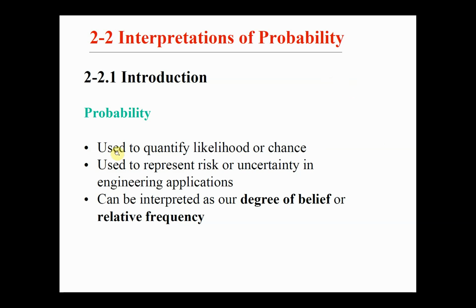Basically, probabilities are used to quantify the likelihood or chance of certain outcomes of a random experiment to occur. Like if you take this course, as in the example we talked about before, the outcomes of this random experiment are A, B plus, C, C plus, and so on until F. Now, what is the probability of each of these outcomes?